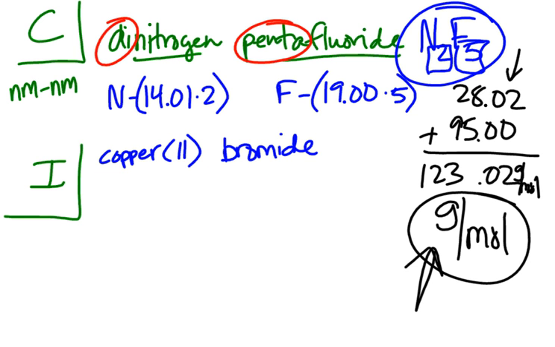So copper 2, I need to get, so this is a metal and a non-metal. So because of that, I know it's ionic, which means I have positive and negative charges. So copper 2, hey, nice enough, it is 2 plus, because remember, that's what that Roman numeral means. It gives you the charge. Now, bromine, or bromide, you have to look on the periodic table.